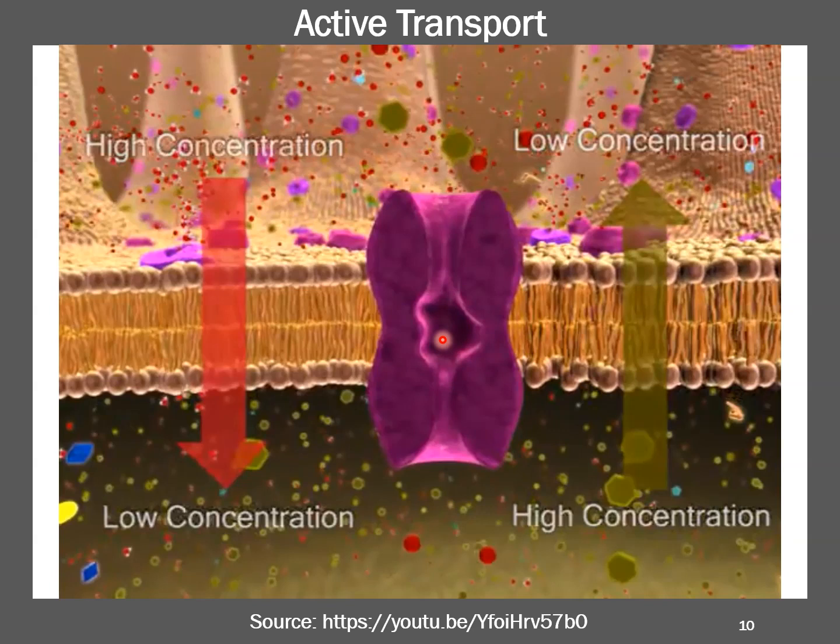So sodium ions are transported down their concentration gradient, from an area of higher concentration to an area of lower concentration, but glucose in this case is transported against the concentration gradient, because the glucose concentration is higher inside the cell than it is outside the cell.